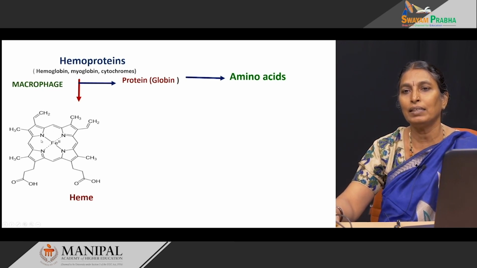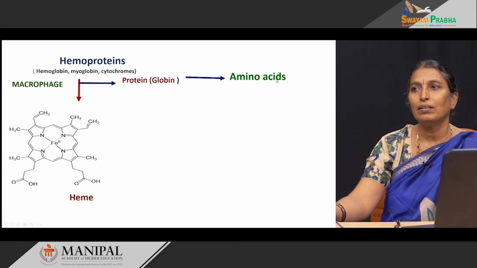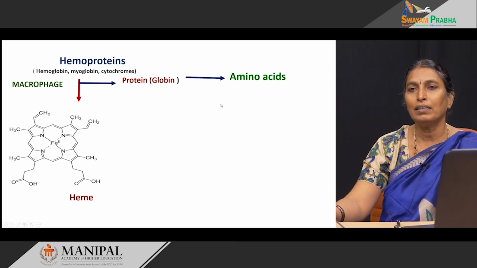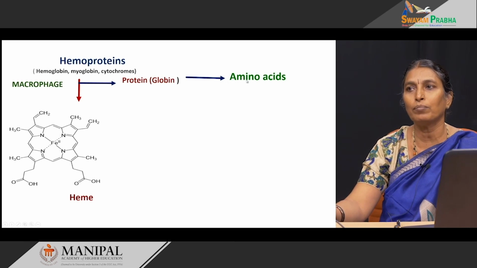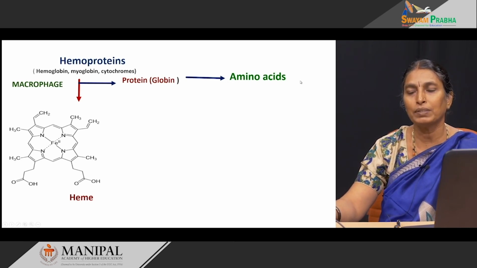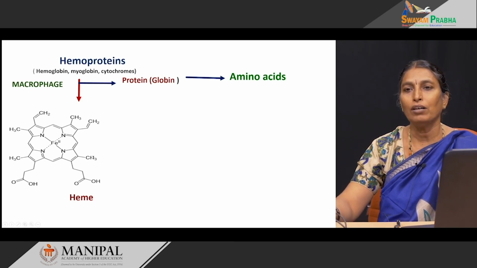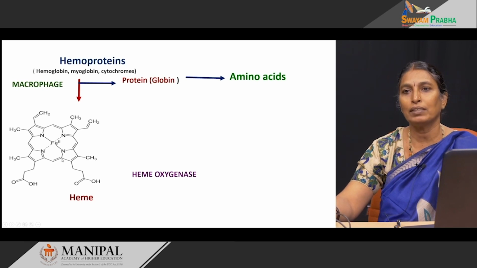Here you see the heme, and the protein becomes amino acids, which are monomers and enter the amino acid pool. This protein cannot be reused directly, so it has to degrade to amino acids and be utilized for the synthesis of new protein. Now, for the fate of heme, heme oxygenase acts on this heme.